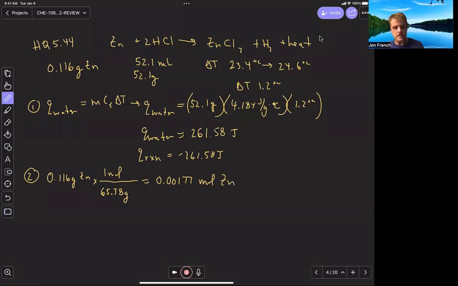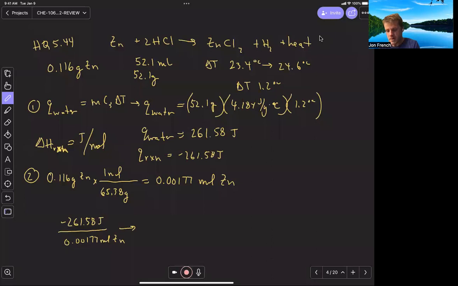We're looking for the heat of a reaction. It's usually in kilojoules per mole, but in this case, they're just asking for it in joules per mole. So, all right, the reaction released 261.58 joules, and that was when I had 0.00177 moles of zinc react. I divide those two, and that should be my answer.